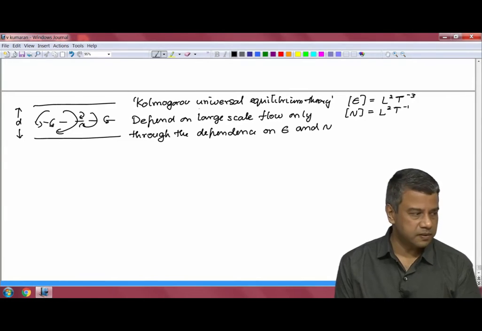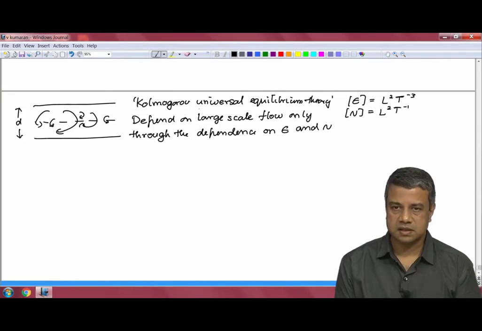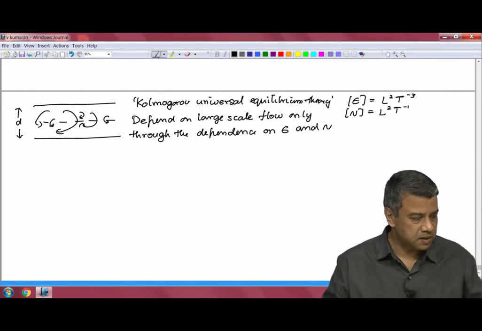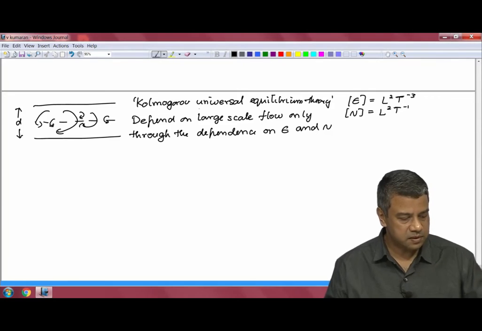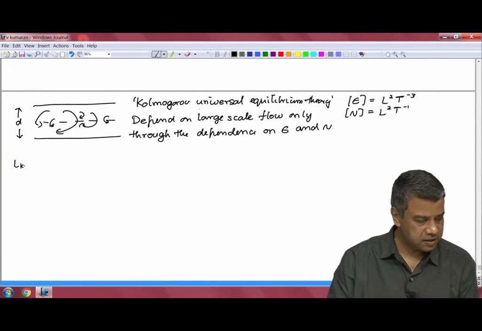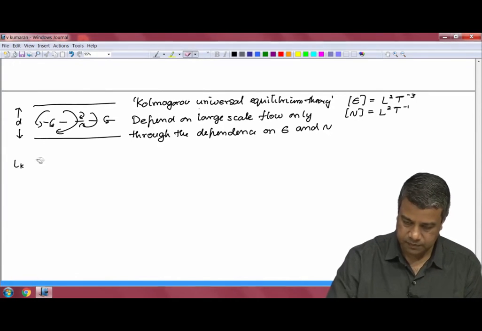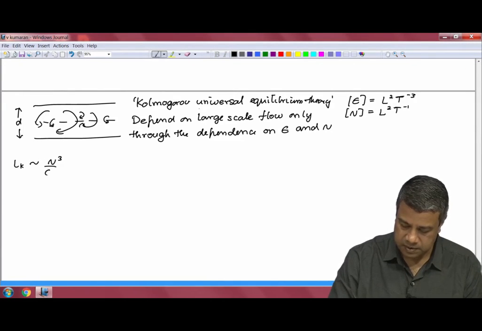If it depends only upon these two quantities, then just using dimensional analysis you can estimate what those smallest scales are. So, the smallest eddies, the Kolmogorov eddies, have to scale as nu cubed by epsilon whole power 1/4.